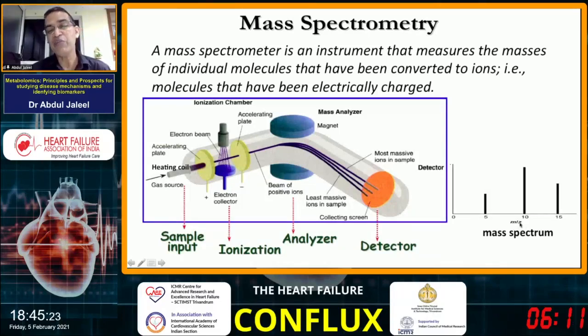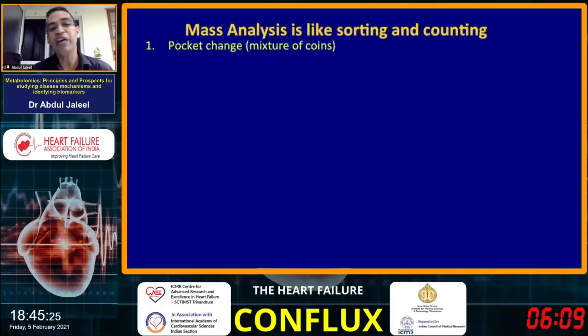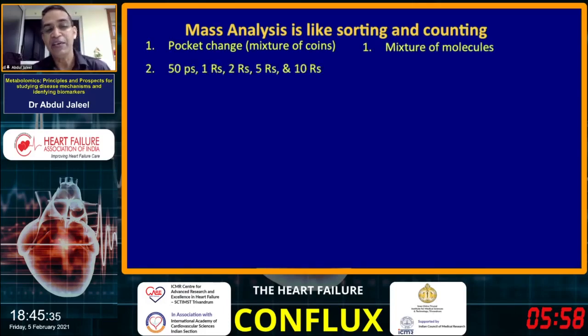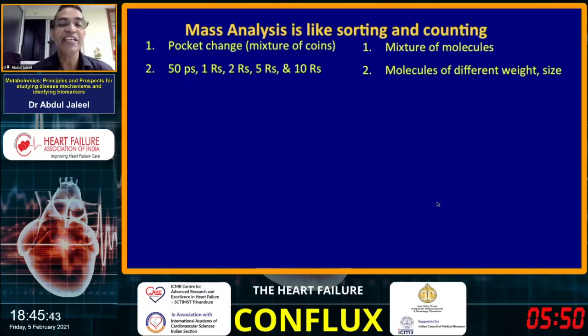I will give you one more simple analogy for how mass analysis is done. It is nothing but sorting and counting. For example, a pocket change of mixed coins, that is a mixture of molecules: 50 paisa, 1 rupee, 2 rupee, 5 rupee, 10 rupees, etc. That means molecules of different weight and size. Here it is different values.